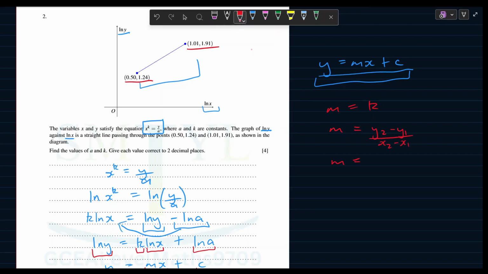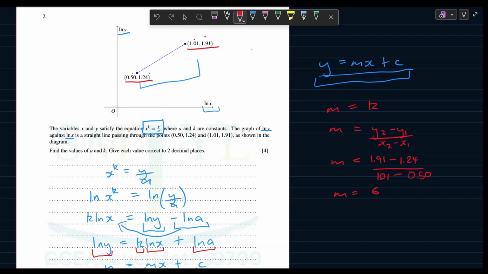So m is going to be equal to 1.91 minus 1.24, over 1.01 minus 0.50.